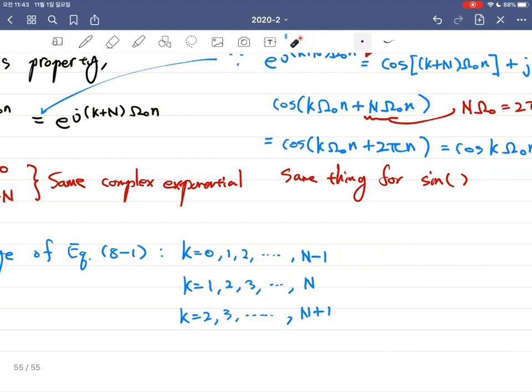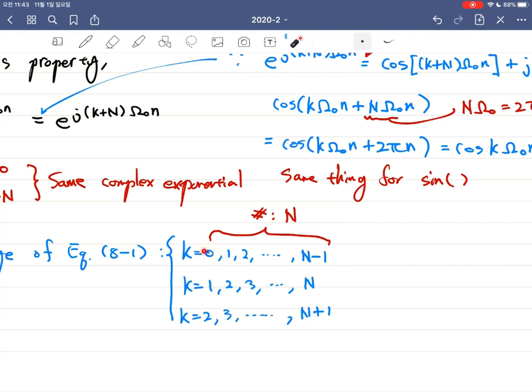So what I'm trying to say is, it does not matter what interval you consider, as long as you stick to just one period. So the number of terms is N. It does not matter where you start this summation.